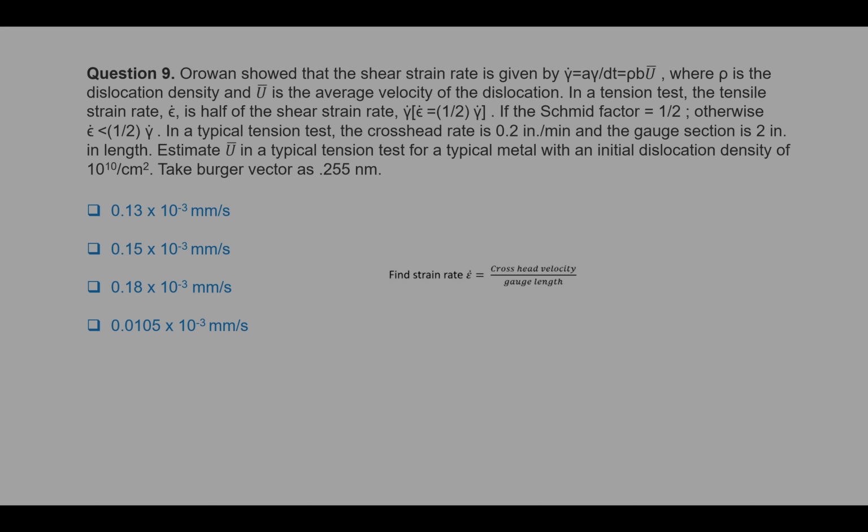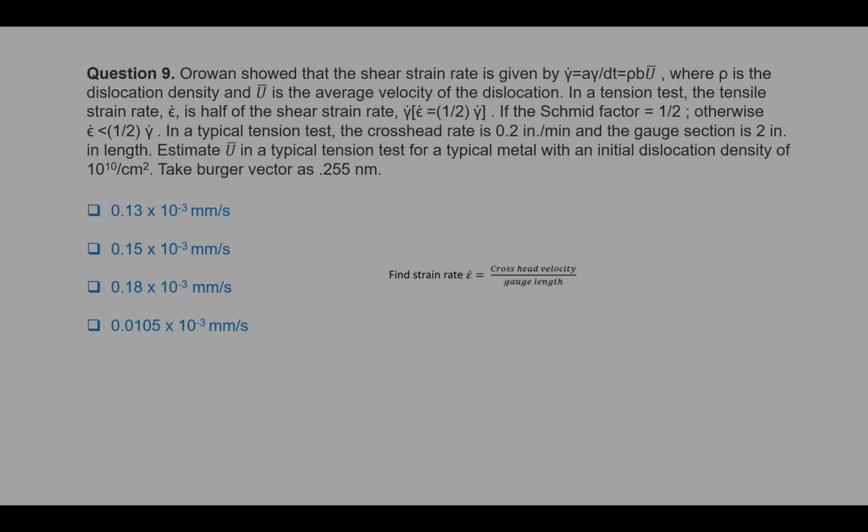In a typical tension test, the cross-head rate is 0.2 inch per minute and the gauge section is 2 inch in length. Estimate u bar, the average velocity, in a typical tension test for a typical metal with an initial dislocation density of 10 to the power 10 per centimeter square.